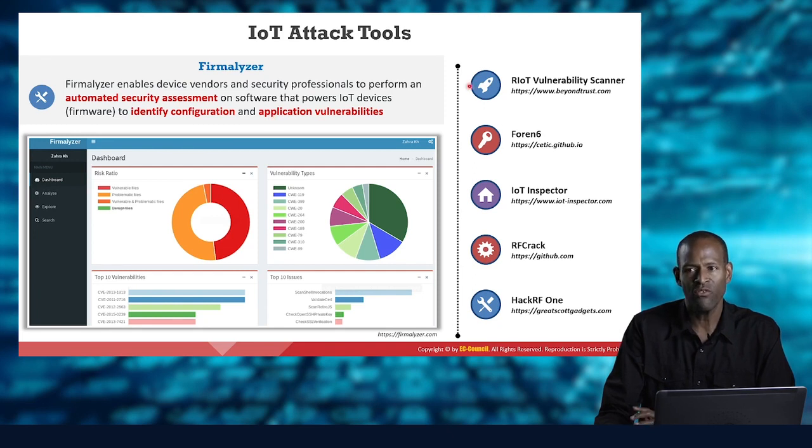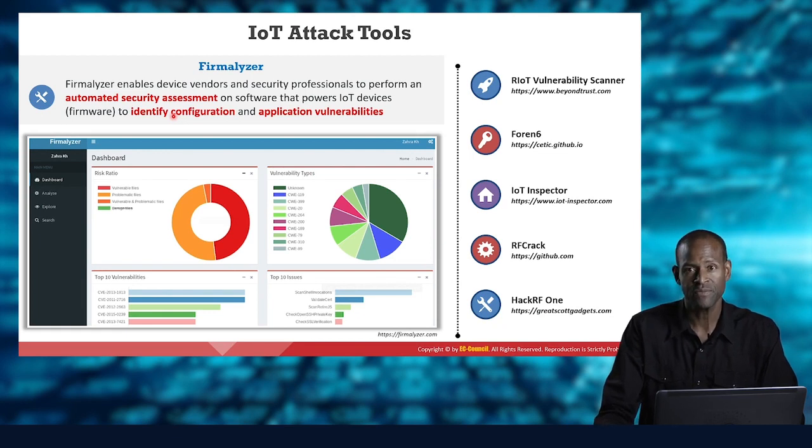And we look for vulnerabilities with Riot Vulnerability Scanner, with IoT Inspector, RFCrack, and HackRF One, both very amazing tools that you can use to help analyze your Wi-Fi network, Wi-Fi devices, and your wired network, wired devices that are IoT in nature.